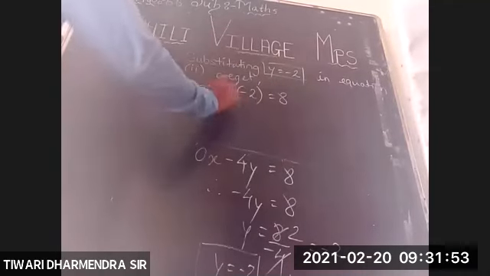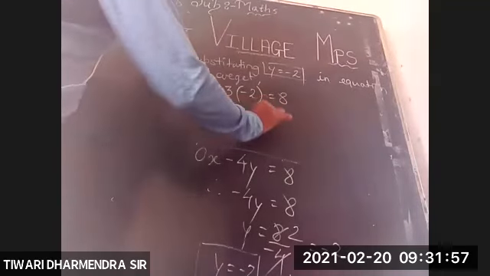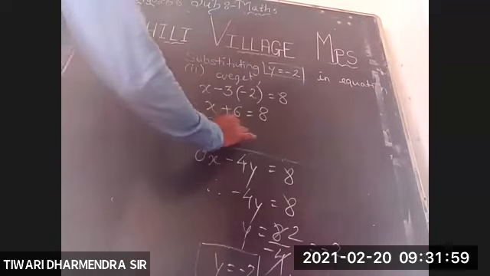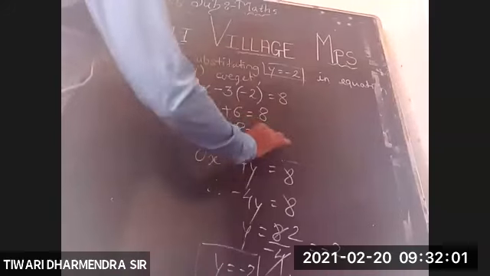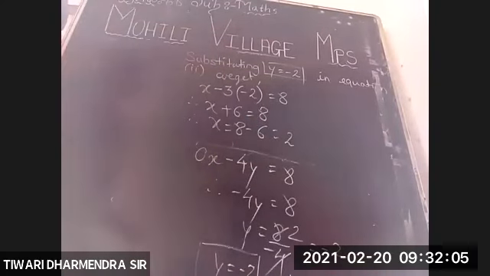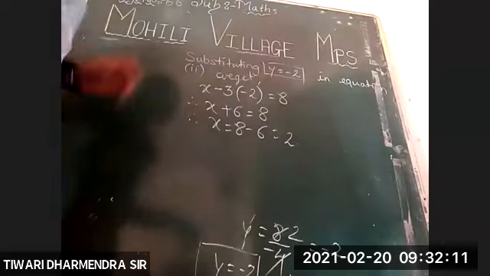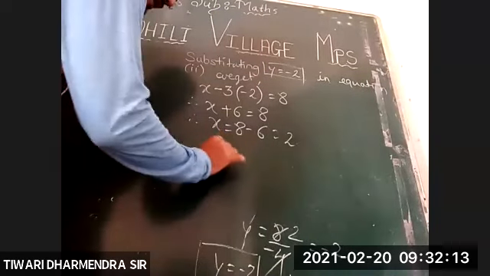Therefore, x minus minus plus, so plus 6 is equal to 8. Therefore, x is equal to, taking 6 to that side, so it becomes -6, which is 2. So we got x as x is equal to 2.